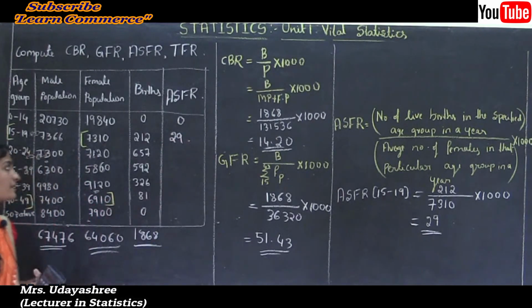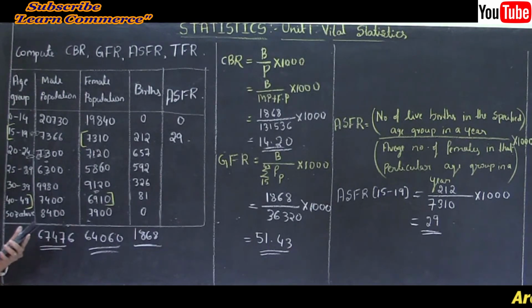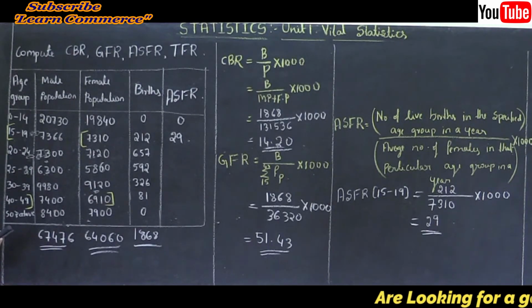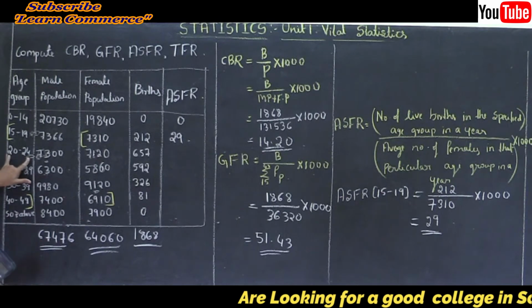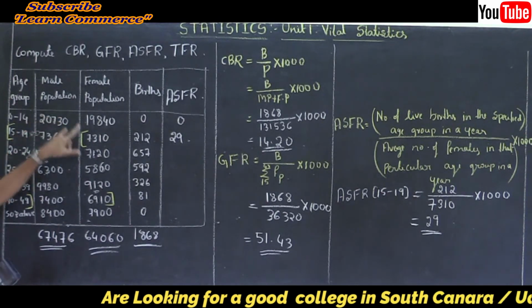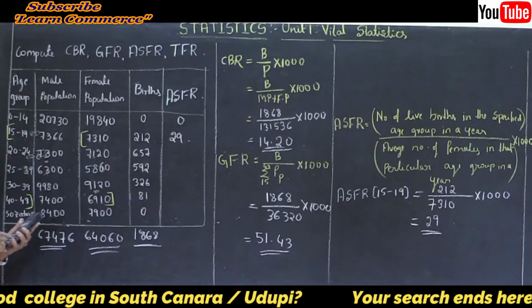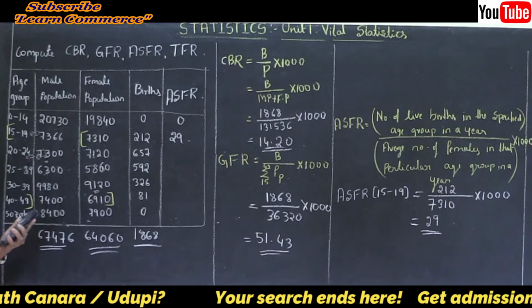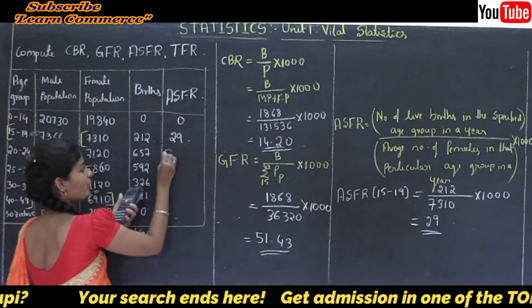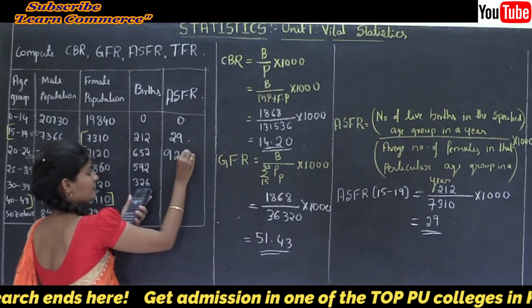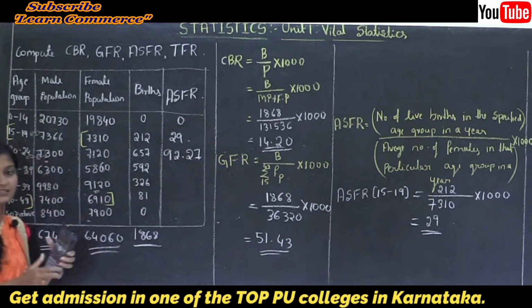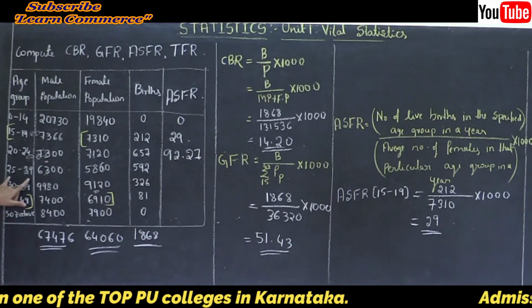Okay, now I will write that value here. Next specified age group is 20 to 24, and here the number of live births is 657 divided by the female population 7,120, into 1000, that is 92.27.